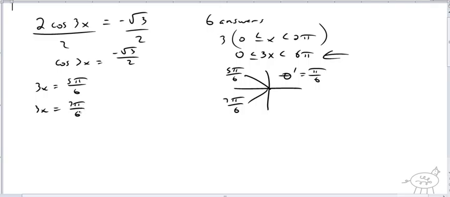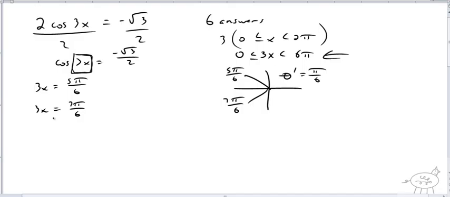Because think about it. Doesn't that make sense? 3x has to equal that, because what's cosine of 5 pi over 6? Negative root 3 over 2. So that's why it's 3x equals that, because this box right here has to be 5 pi over 6. So that means I need to figure out what x has to be. Obviously, when I solve it, I'm going to figure out what x is, and that'll be my answer.